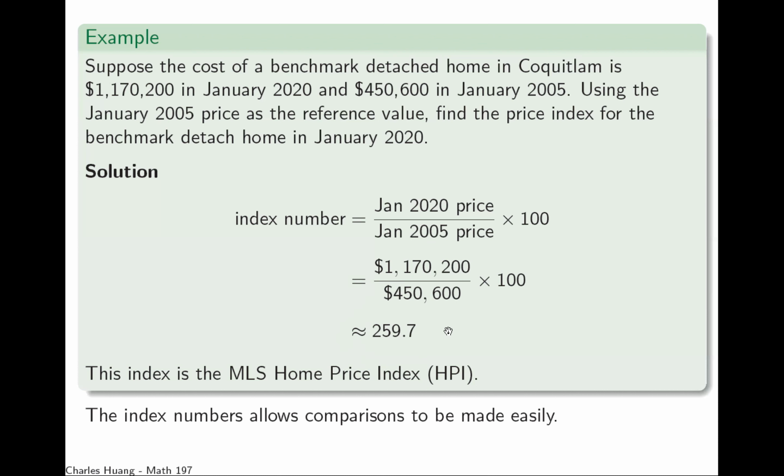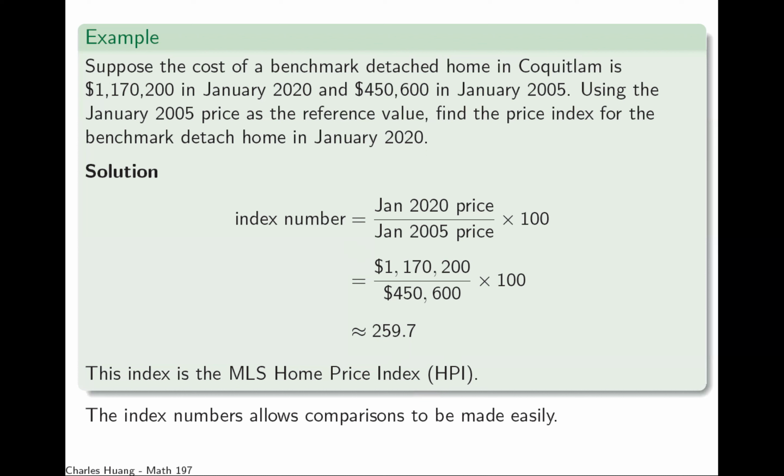So something like this tells you, if I spend $100 in 2005 to buy a house, I will need $259 to buy the same house in 2020. If I spent 100 million, I will need to spend 259.7 million in 2020.